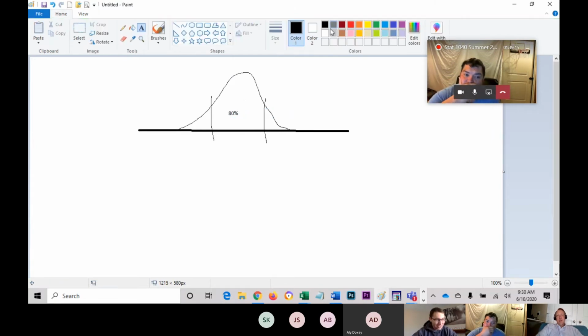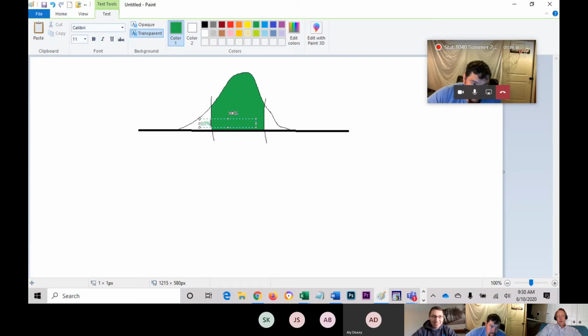And we'll fill that in with green. If I want 80% in the middle, how much do I want in the tails? 10% on each side. I want 10% here, and I want 10% here.